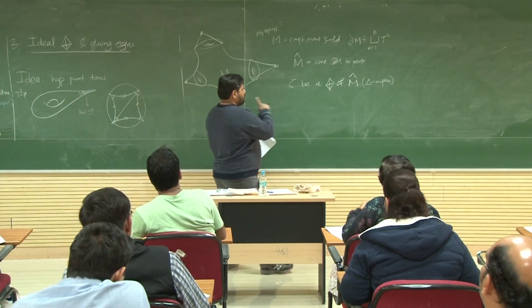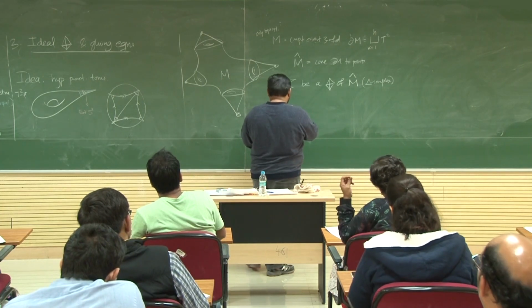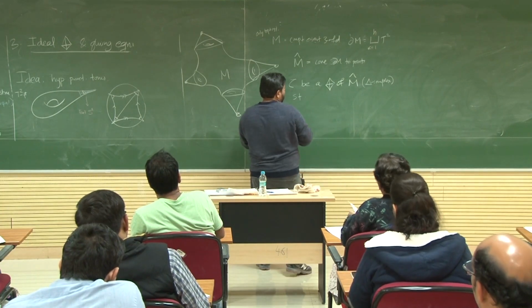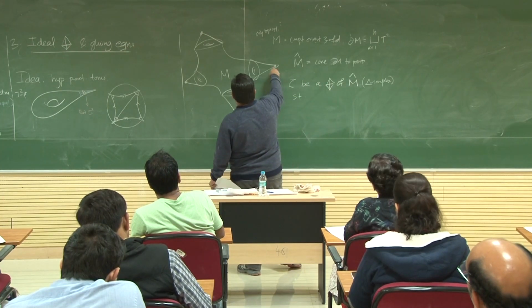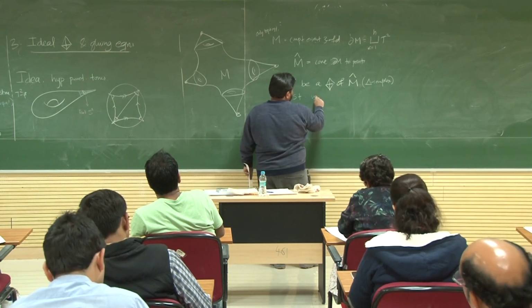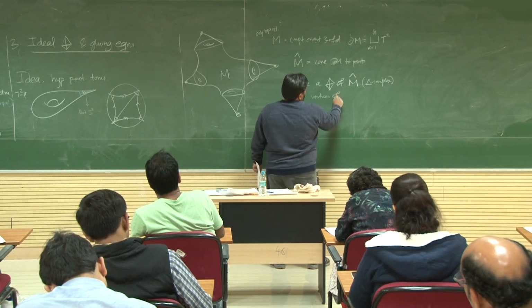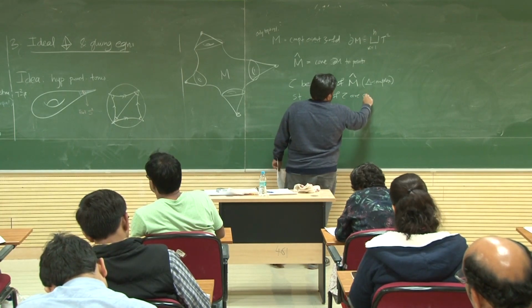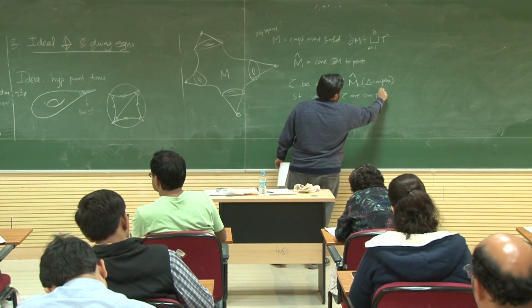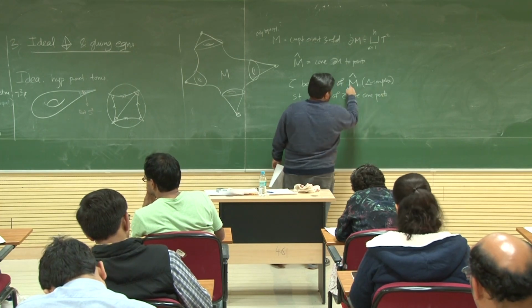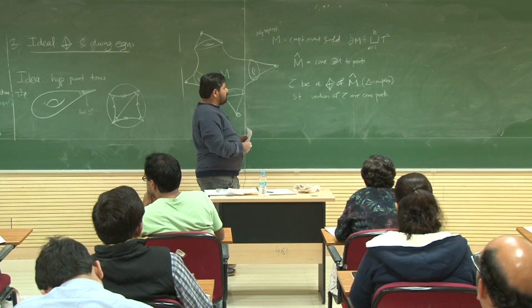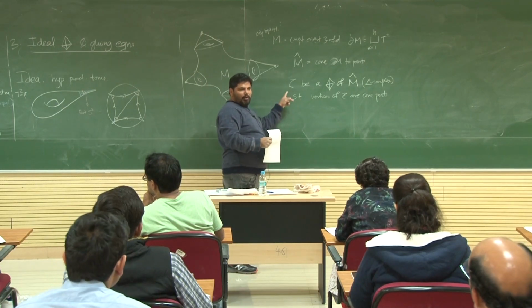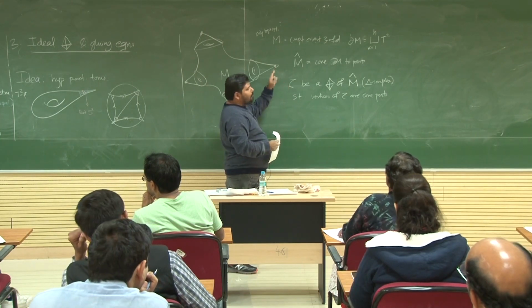Let tau be a delta complex with one more condition: all the vertices of the delta complex have to be the cone points. If you delete the cone points, you get back M minus the boundary.